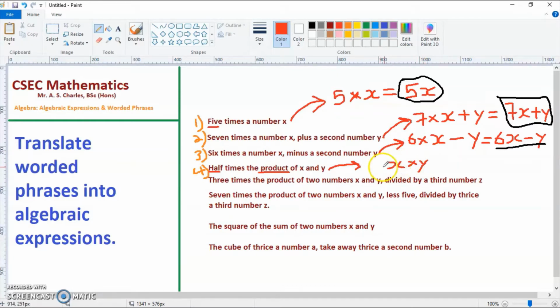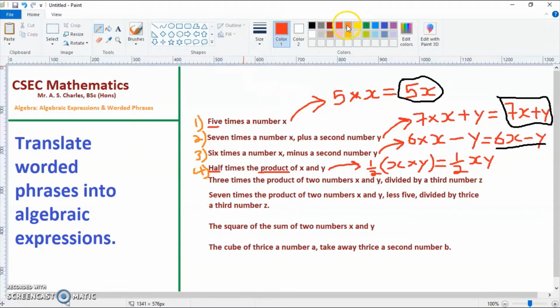Then we have to find half of the entire thing, so I'll put it in brackets and put a half outside, because brackets mean to multiply. This can be simplified as half xy, because x multiplied by y is the same as xy for simplification purposes. And that's our answer.